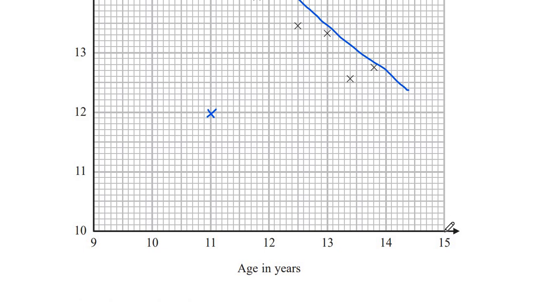And well, it looks like there is no data that is close to 15 years. And so if you extend your line of best fit and you get to 15, that would be like an estimate, and that would not give you the real information. So this is an unreliable conclusion because you don't have any data for the 15 years old.